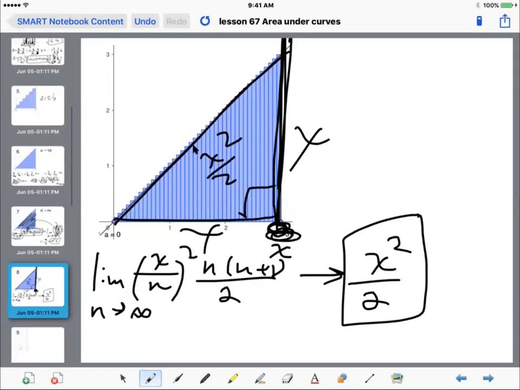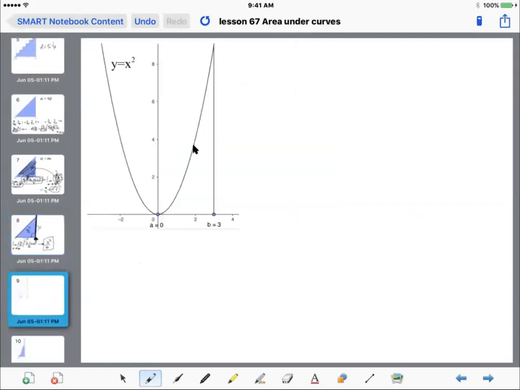But we learn it because it enables us to do this question now. Now, this one's a lot harder. I think I'm going to have you work this out for n equals 6, n equals 40.